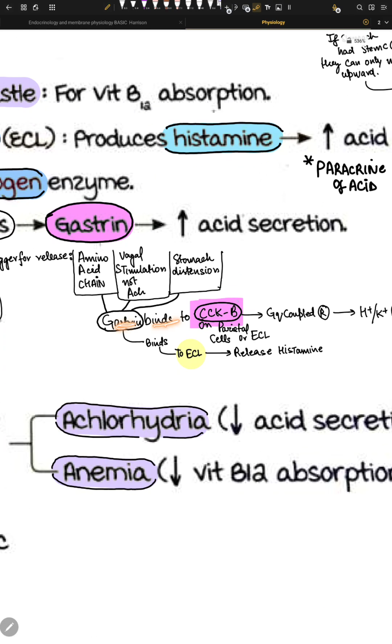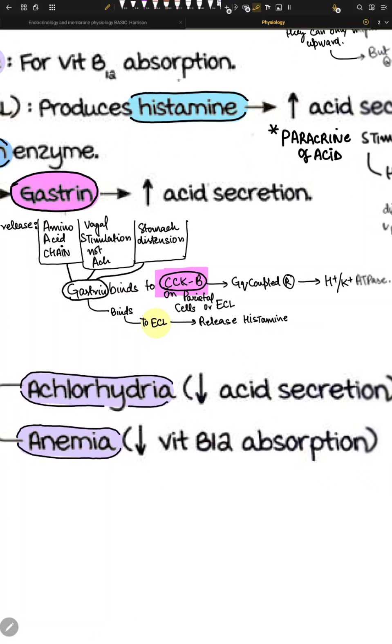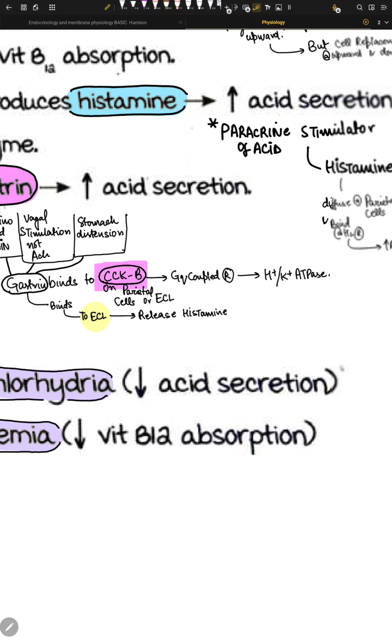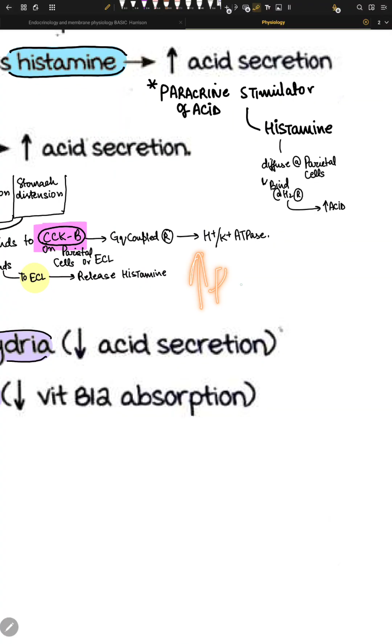Gastrin binds to something called CCKB. Now these CCKB receptors are present on parietal cells or ECL cells. Okay, so once gastrin binds to CCKB, now this complex goes and activates something called Gq-coupled protein receptors, right? And once this complex is activated, we have a positive effect on H+/K+ ATPase.